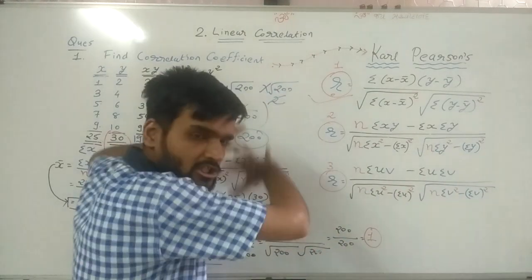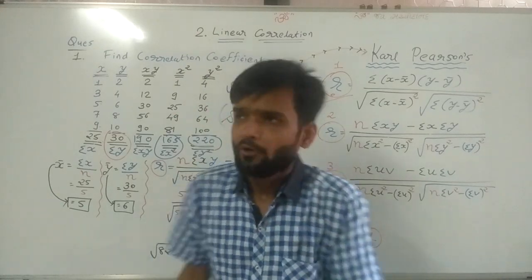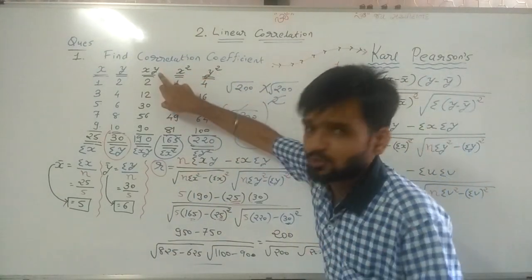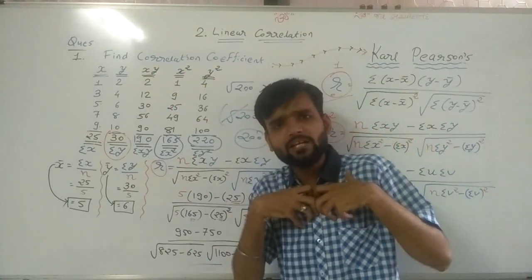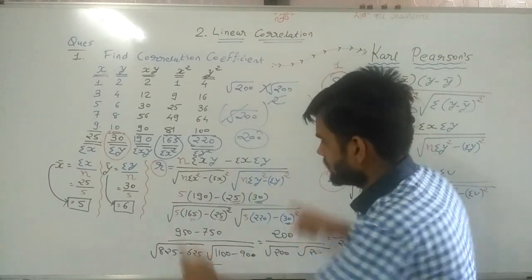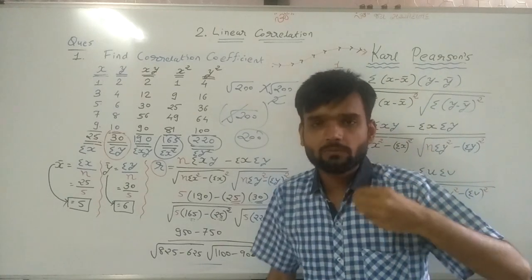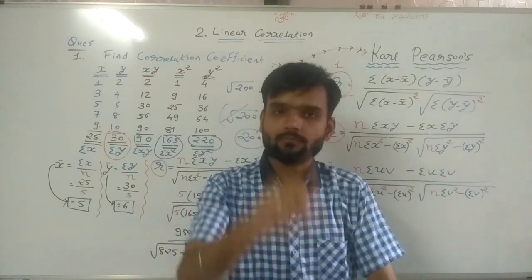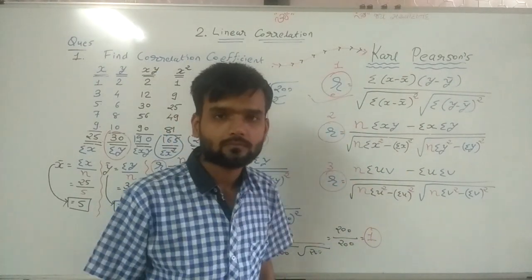By the explanation of this whole thing, you can understand which columns we need to prepare. We need xy, we need x square, we need y square. How can we decide it? Only by seeing the formula. So first of all, what is my first step? Read the question, then decide which formula you want to use.